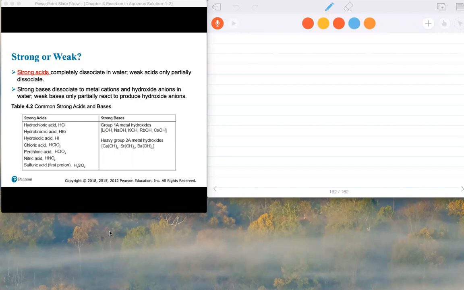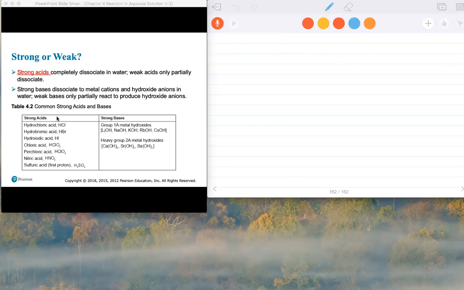Down the line, as I mentioned last week, if you are required to take CHM2, it will reach a point where you'll be required to know the names and the formulas of strong acids and strong bases. And we talked about strong electrolytes and weak electrolytes last week.